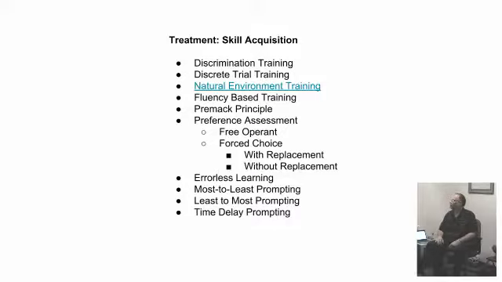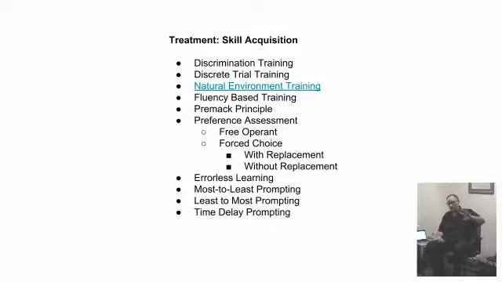So the downside, that is natural environment training. We don't do it very much because our goal is to help kids catch up a couple of years of growth in 1 year, or 4 years of growth in 2 years. And you can't let the child choose the activity and choose the pace and choose the materials and do all the things we want to teach a child.